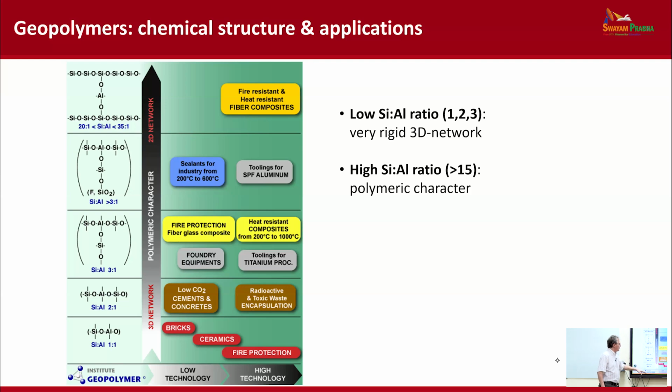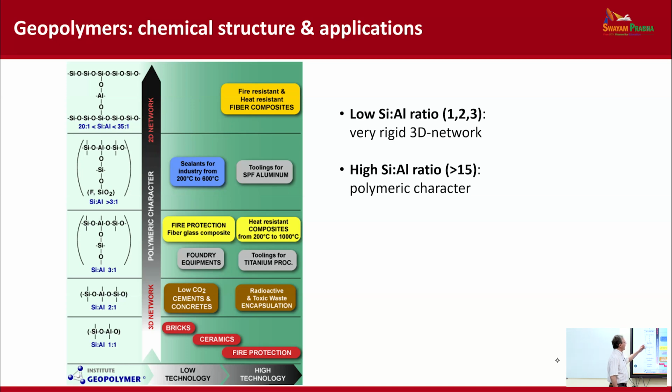And according to Dr. Davidovits, who leads the Institut Géopolymère in France, depending on the composition, you end up with different types of three-dimensional structures in your material, and depending on the structure, you can achieve different properties for your material.